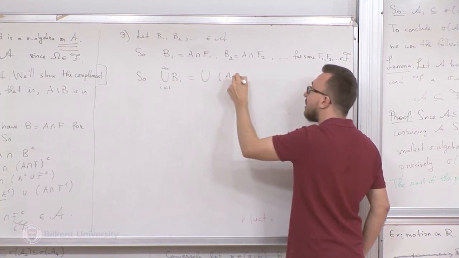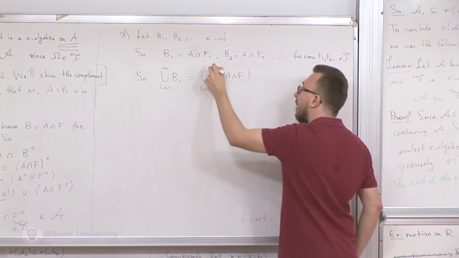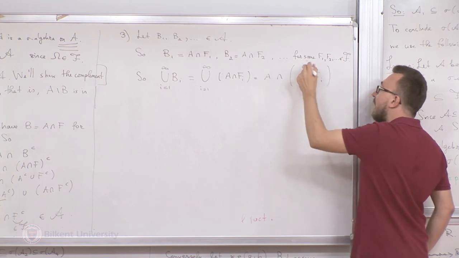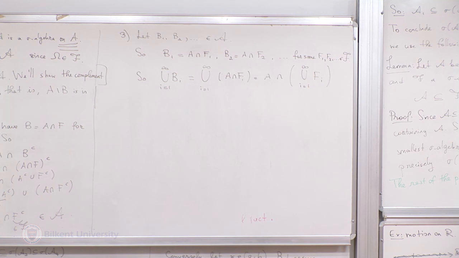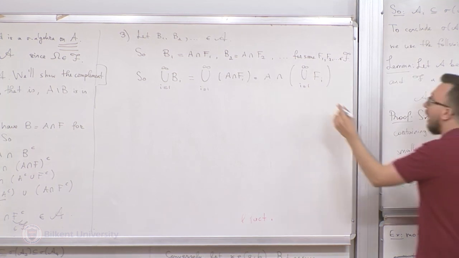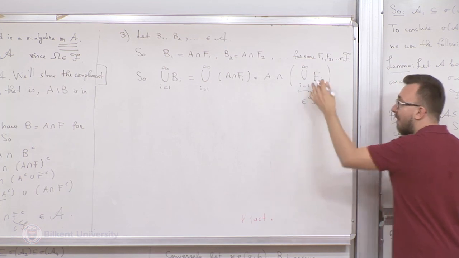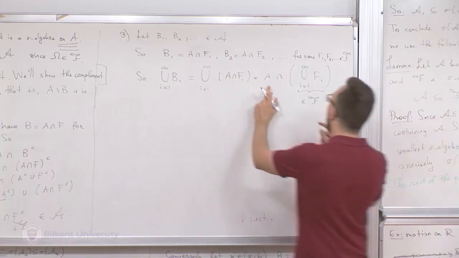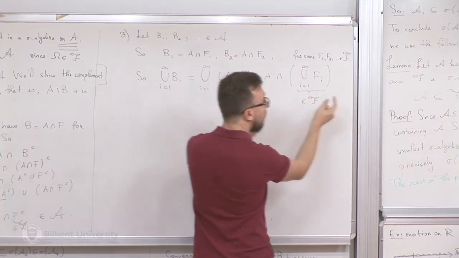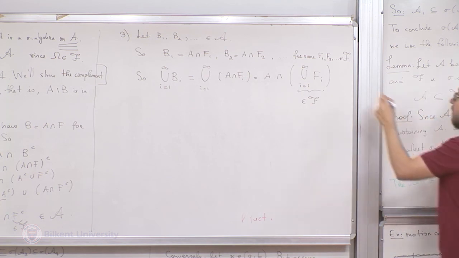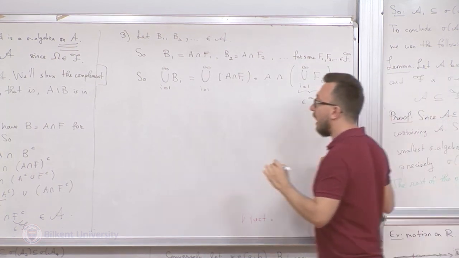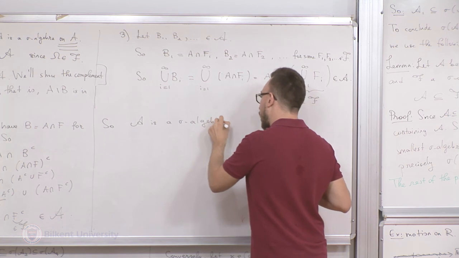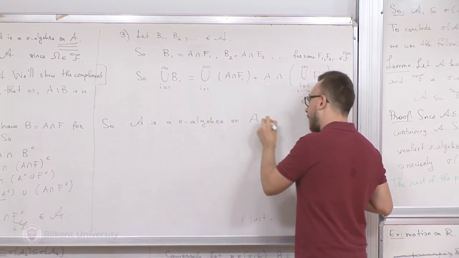Well, Bi is just A intersection Fi. Therefore, it is A intersection the union of Fi's. Again, this is set operations, right? And the union of Fi's is in script F because script F is a sigma algebra and the Fi's are in script F. Therefore, it is of the form A intersection some set in script F. So it is in script A. So we're done. So script A is a sigma algebra on A.